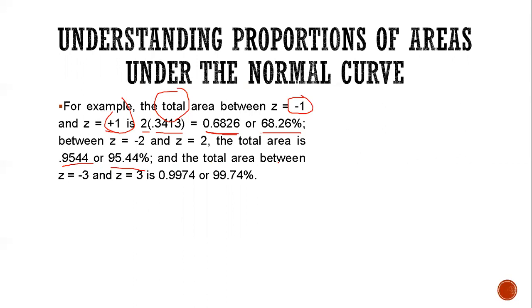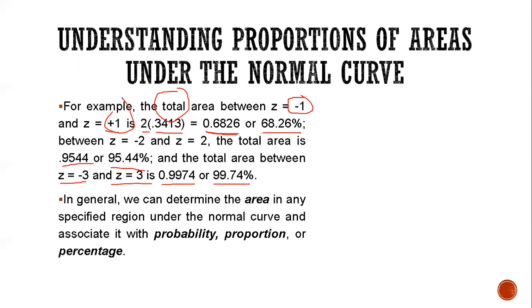And the total area between -3 hanggang +3, ito na yung last part, ay total of 0.9974. Sabi nga natin nakaraan, it's not actually 100%. Meron siyang natitirang point something. Equivalent siya sa 99.74%. So, not totally 100%, almost lang. Naalala niyo pa naman yan sa lesson 1 natin.